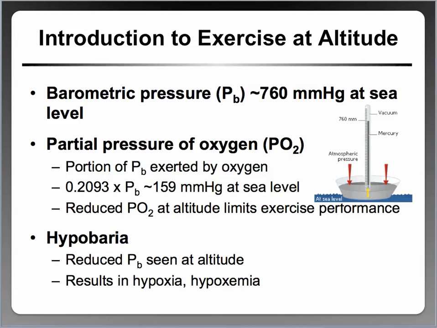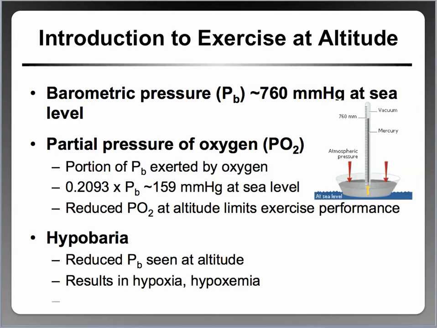So if 760 represents 100%, we want to find out what 20.93% of the total is. If you're using your calculator or your phone at home, take 0.2093 times 760, and it should come out to be pretty close to 159 millimeters of mercury at sea level.